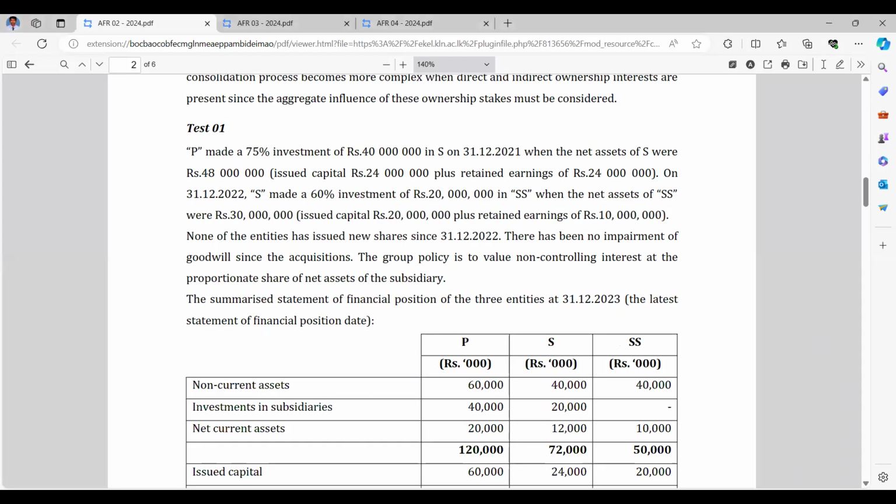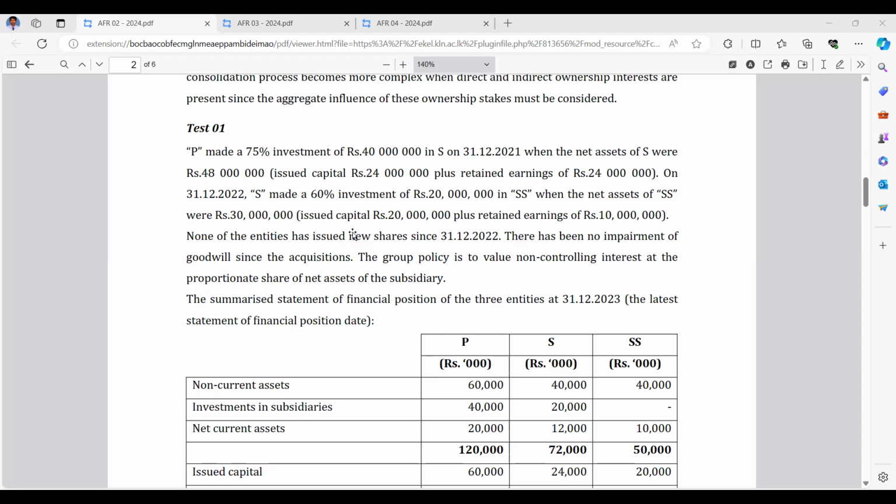So we need a COC account for S, cost of control for S, and COC for SS. Then retained earnings for the subsidiary, retained earnings for the sub-subsidiary, and the consolidated retained earnings.